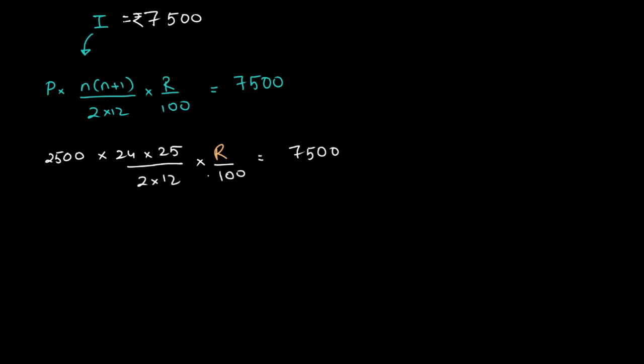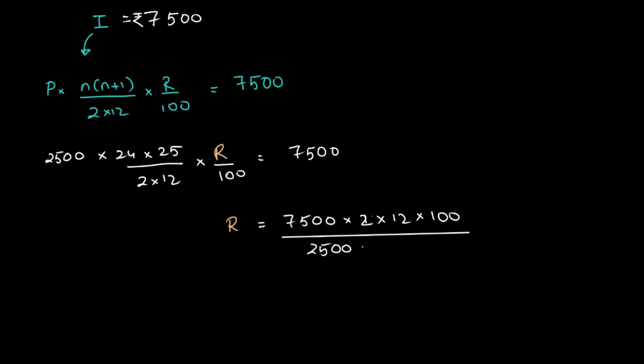Okay, so this is our equation to solve for R. Let's keep R on one side and take all the other terms on the other side. So I can say R is equal to 7,500. Terms in the denominator will come in the numerator, so 2 into 12 into 100. Terms in the numerator will come in the denominator, so that is 2,500 into 24 into 25.